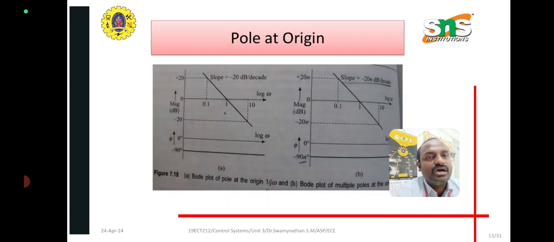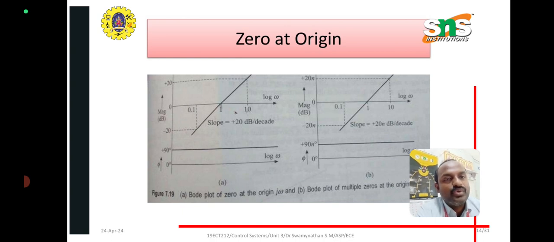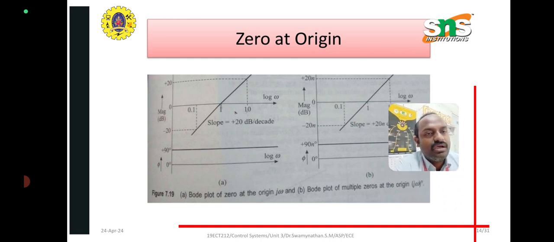Next, the pole at the origin: the y-axis is the magnitude and the x-axis is log omega, so we draw the different slope levels. The zero at the origin is the same thing; the y-axis is the magnitude and the x-axis is log omega, and we draw the slope of plus 20 dB per decade for the zero j omega, and for multiple zeros at the origin.